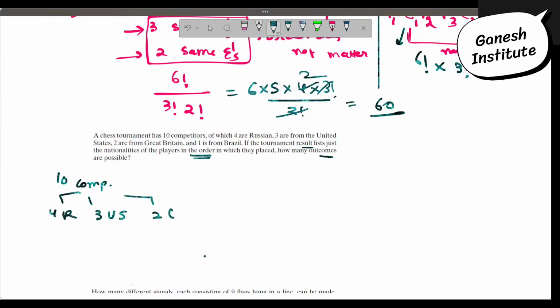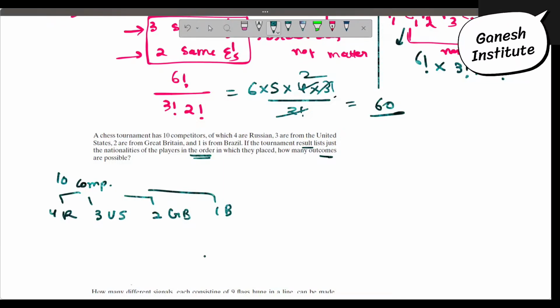2 from Great Britain, and one from Brazil. And when the result comes out, they have put in the condition. How are they going to display the result? In the order in which they are placed. But are they considering that if there are 4 Russians, I'm going to put it by name because 4 people are different?